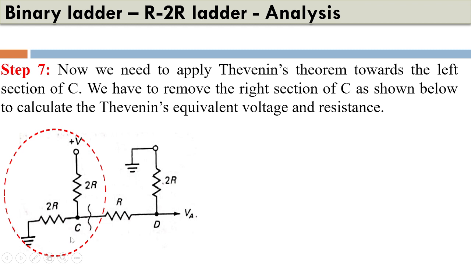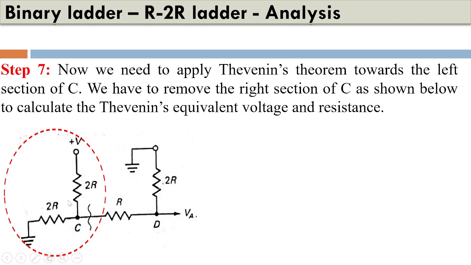So the left side of this, that is the circuit inside the circle, can be replaced by an equivalent circuit which will consist just of Thevenin's equivalent voltage source in series with Thevenin's equivalent resistance.